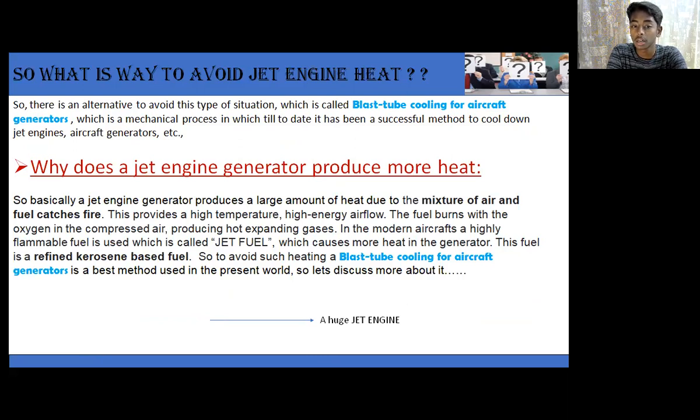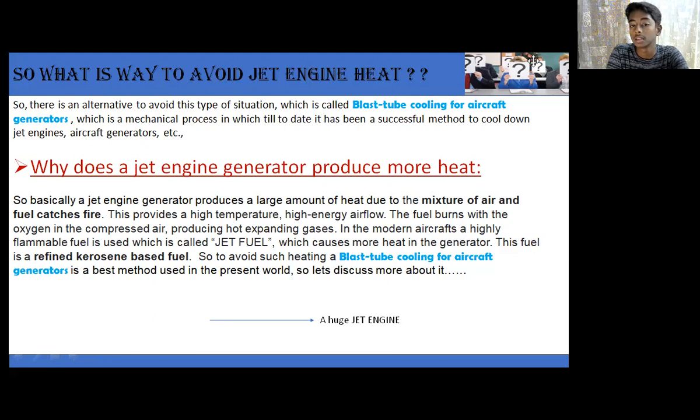There is an alternative to avoid this situation, called blast tube cooling for aircraft generators. It is a mechanical process which, to date, has been a successful method to cool down jet engines, aircraft generators, and all other heat-producing parts of the aircraft.